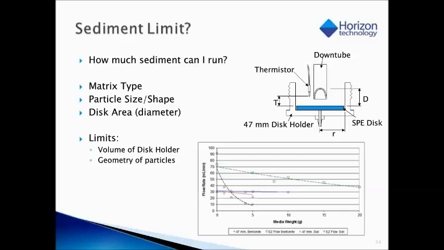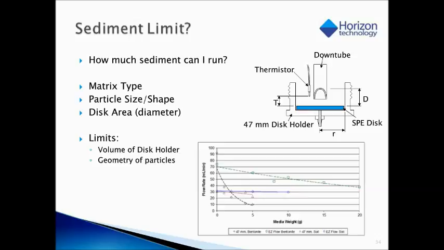Mostly, if I was to classify it any one way, I would classify it in terms of geometry. It means that the volume of the disc holder, as well as the shape and type of particulates that are being loaded into the holder, all matter. Obviously, rocks being put into a disc holder aren't going to slow your flow rate down at all, whereas really, really fine particles will.